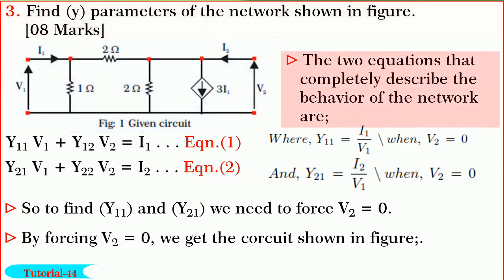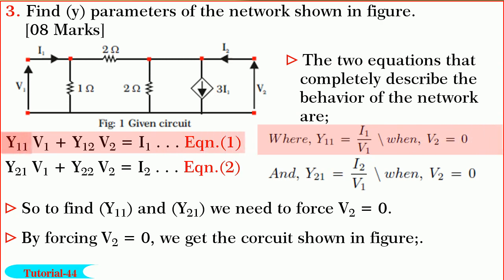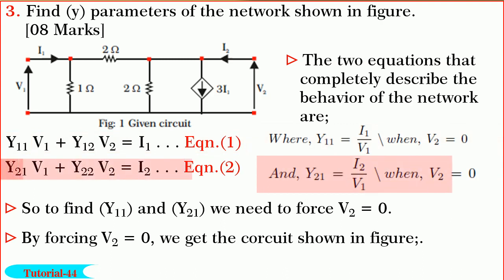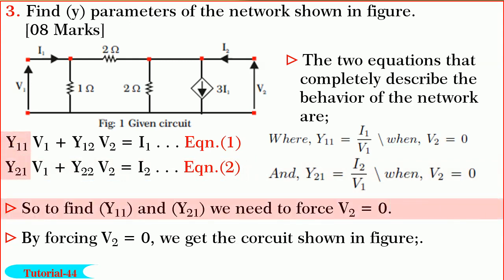We know the two equations that completely describe the behavior of the network in terms of Y parameters are y11 V1 plus y12 V2 is equal to I1, let it be equation 1, and y21 V1 plus y22 V2 is equal to I2, let it be equation 2, where y11 is equal to I1 upon V1 when V2 is equal to 0, and y21 is equal to I2 upon V1 when V2 is equal to 0. So, to find y11 and y21, we need to force V2 equal to 0.